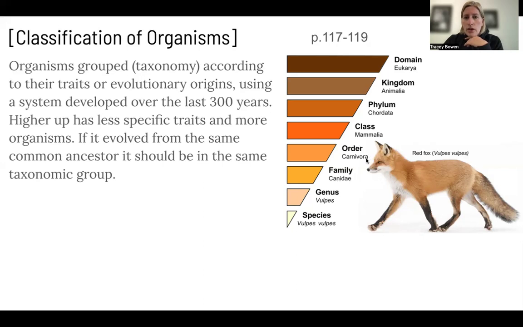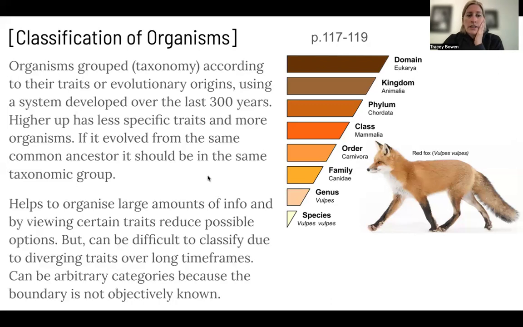But if we think about Carnivora as the order, we would expect there to be all the carnivores in this order. And so we would expect things other than just dogs. So for example, we would have lions in this order as well. This is going to help us to organize a large amount of info, and by viewing certain traits, reduce possible options, becoming more and more specific.